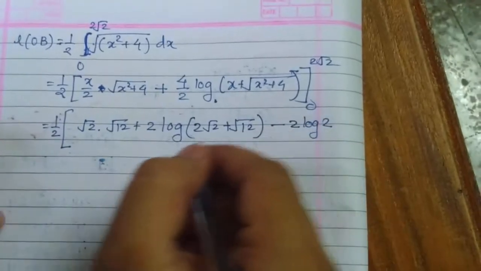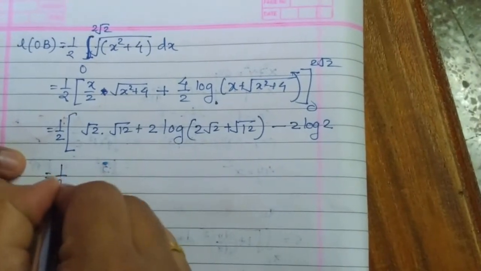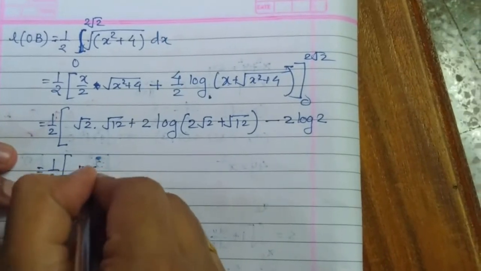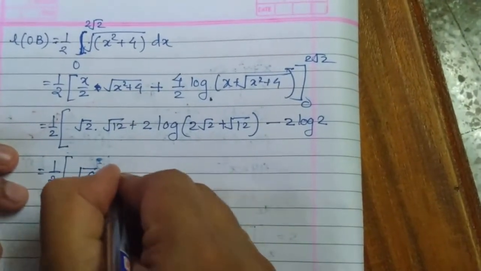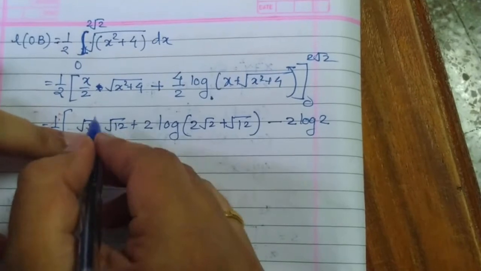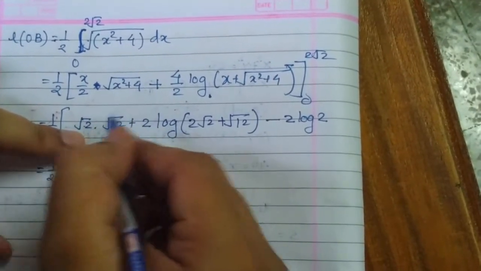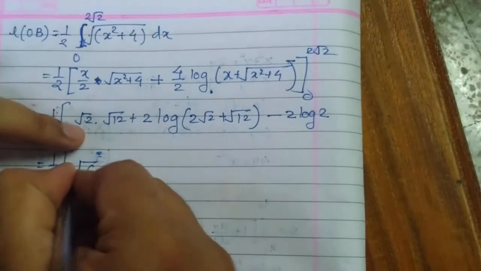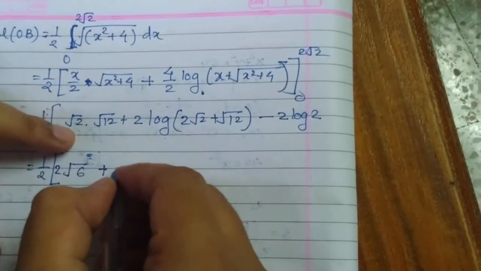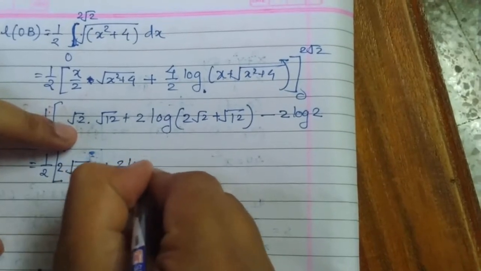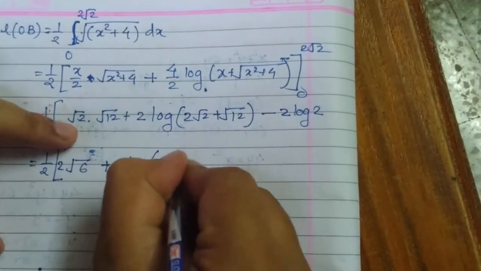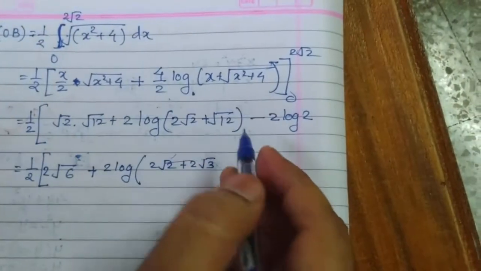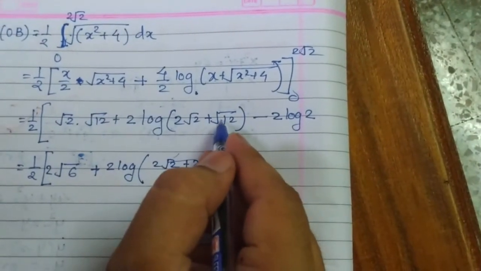Okay, so on simplification we have 1 by 2 times, this becomes root 2 into root 12, that becomes square root of 24, so 6 4s are 24, so that way we are writing the value 2 times root 6, into 2 times log of 2 root 2 plus 2 root 3. 12 can be split like 4 3s are 12, so square root of 4 is 2.